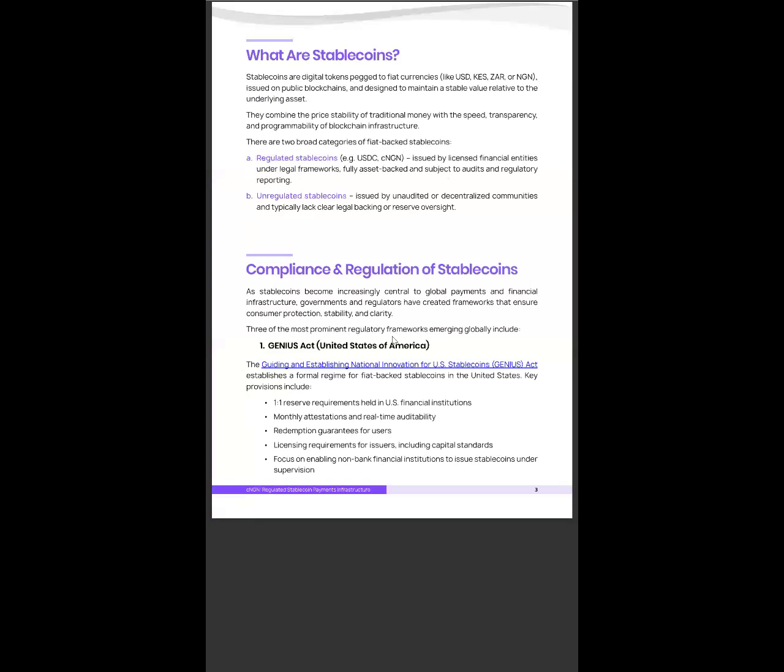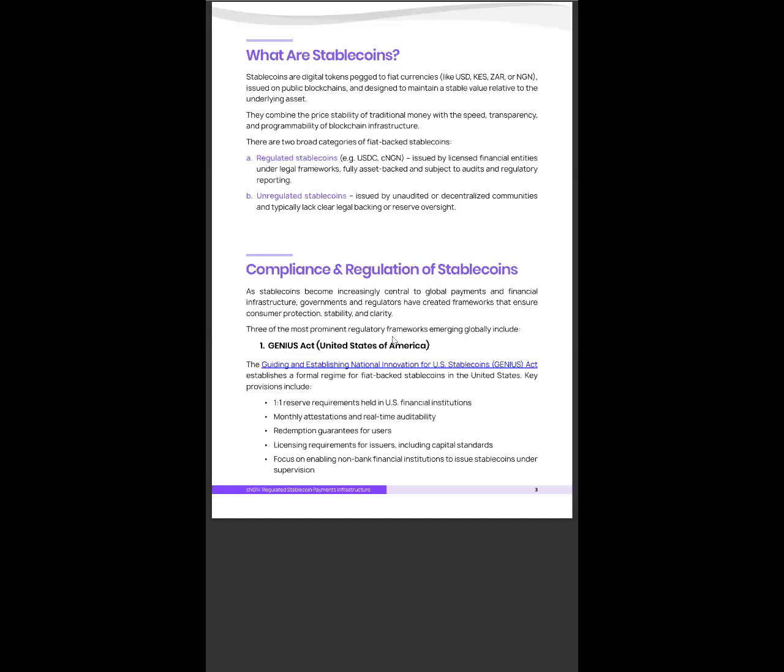So I guess the first question, as always, is what are stablecoins? Stablecoins are digital tokens pegged to currencies, like fiat currencies. And just for people that might not know, fiat currencies are government issued currencies.